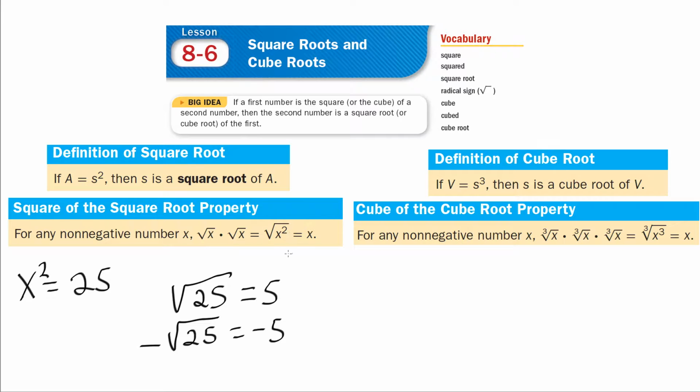One of the things that's interesting, if you remember our properties previously, is that if I take the square root of x squared, it's equal to x. Well, that's x to the first power.